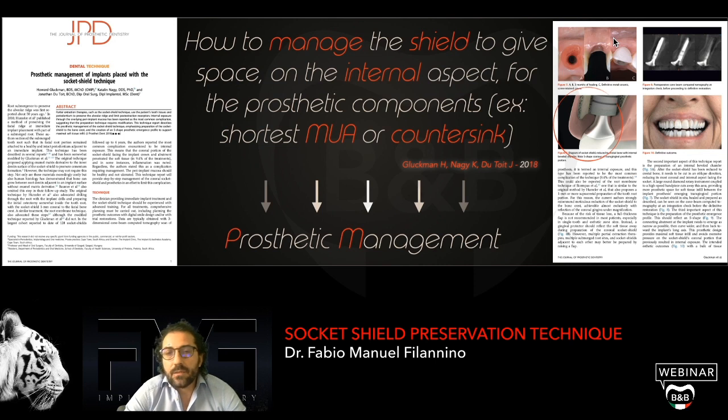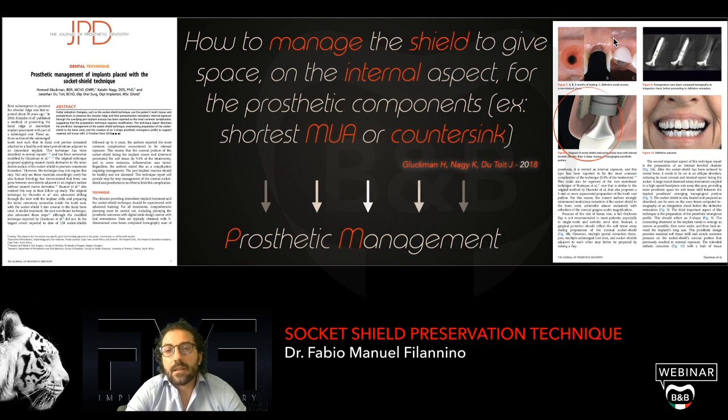In my practice, I used to use the countersink, for example the B&B, to verify if we can use the multi-unit abutment when we do tilted implants. We can use the countersink to drill the bone that doesn't allow us to insert the MUA because maybe it's above the implant platform.